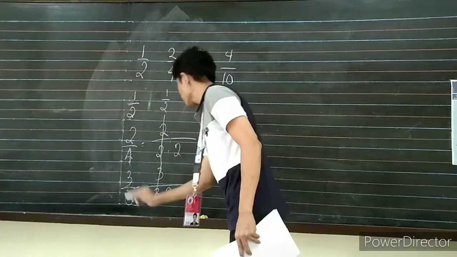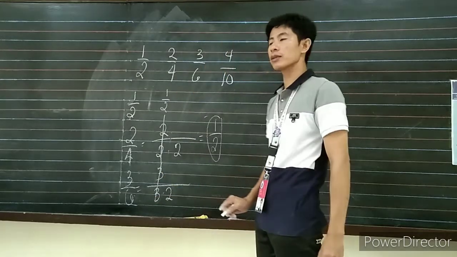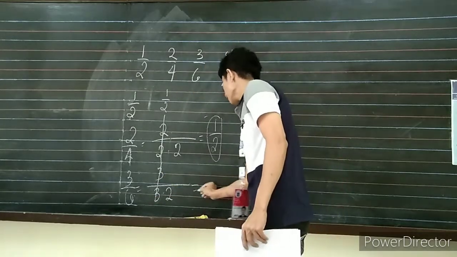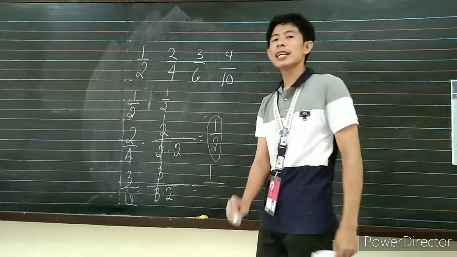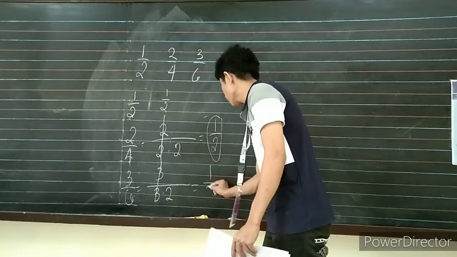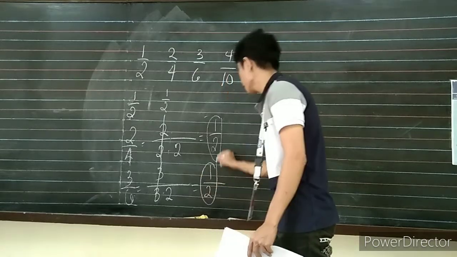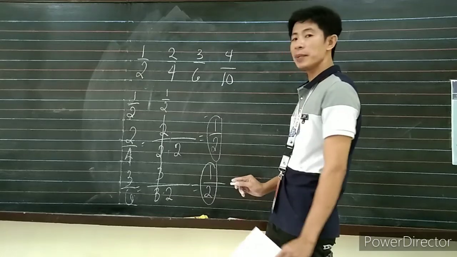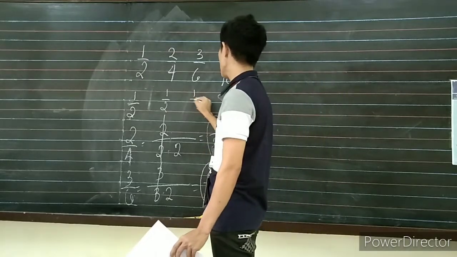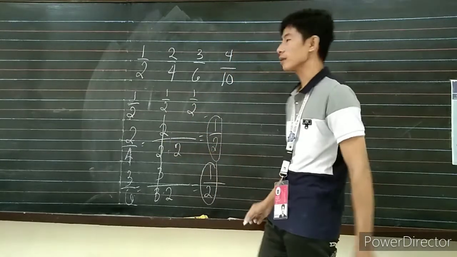Then we cancel out the common factor, which is 3, and what is left in the numerator is 1, and in the denominator we have 2. Therefore, the fraction 3/6 can be simplified as 1/2.